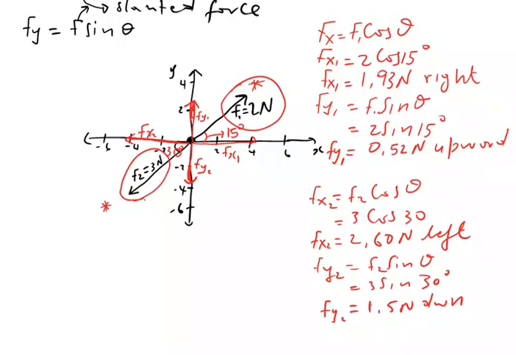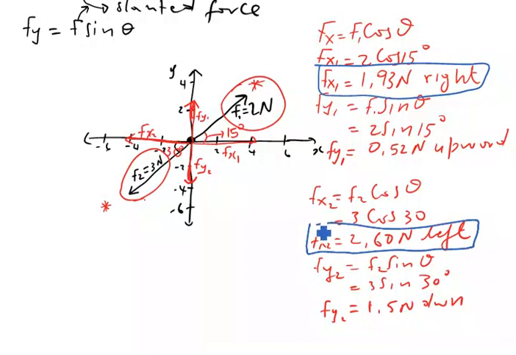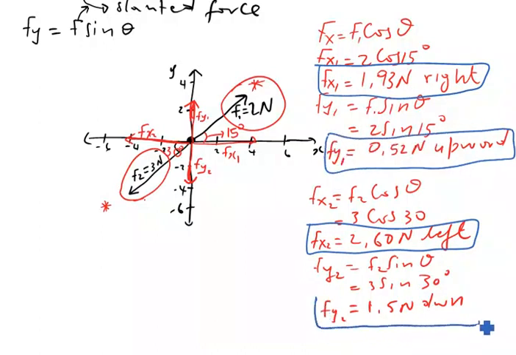Then you are going to answer the questions based on the components. So we have the x component for force 1, the x component for force 2, the y component for force 1, the y component for force 2. Then you are going to choose the direction, combine them, and represent them on a Cartesian plane.